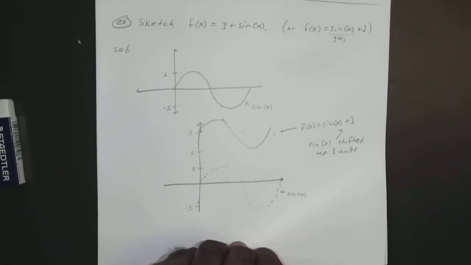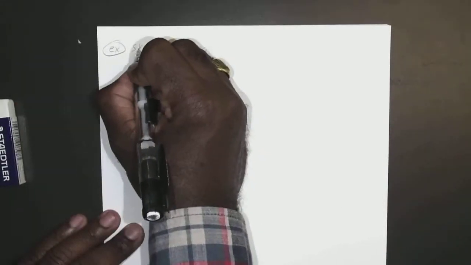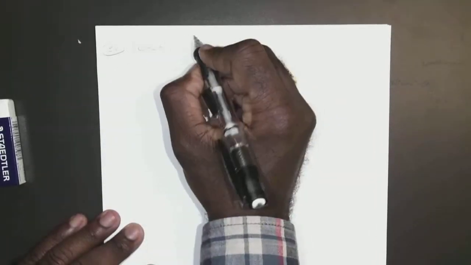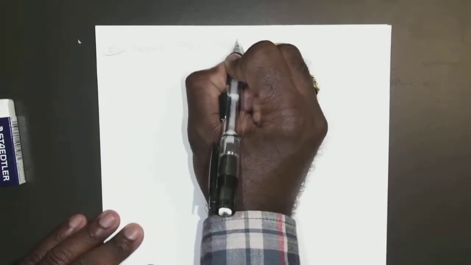All right, so let's say, for example, if we wanted to do a quick sketch of f of x equals negative sine of x.